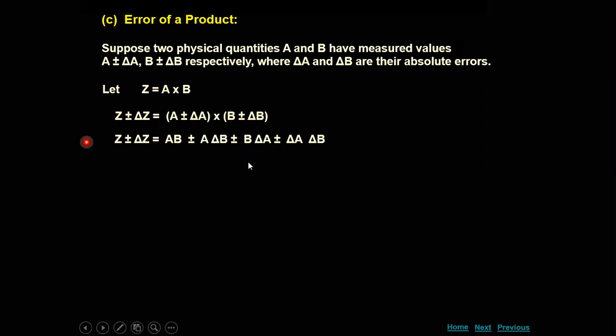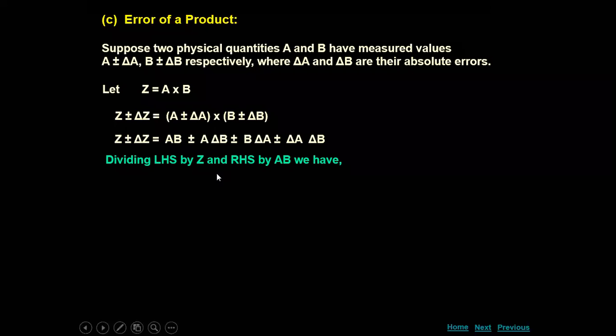Next, we divide the LHS by Z and the RHS by AB. So I am dividing the LHS, Z plus or minus delta Z, by Z, and the total right side by AB. Why are we doing that? If we divide in such a way, we will end up with values in terms of relative error.